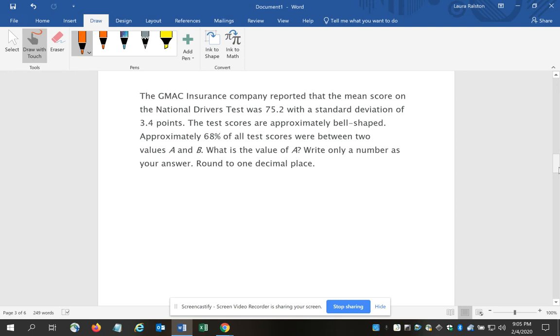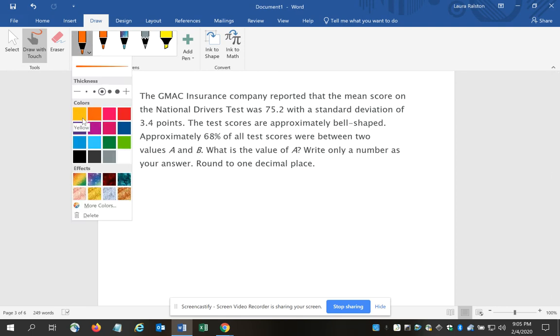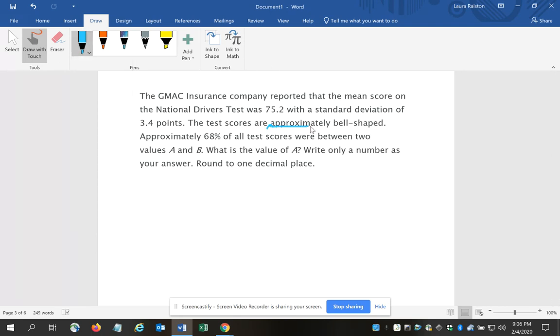So a couple of things here. Again, you want to be careful as you're reading through the problem. It may help you to highlight, to underline things. First off, I noticed that it tells me my test scores are approximately bell-shaped, and knowing that it's bell-shaped is my clue that I can apply the empirical rule.